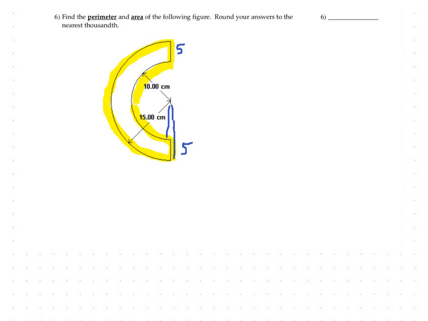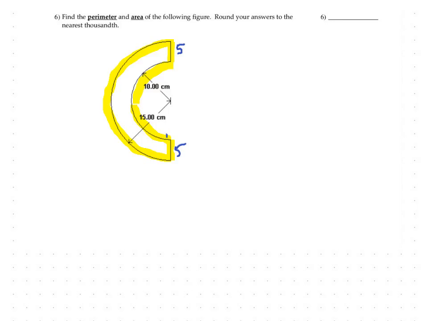Now, to find the curved edges that are yellow, we are going to have to find the diameter of the whole circle to find the circumference. So, in your mind, you should know that the diameter is double the radius.